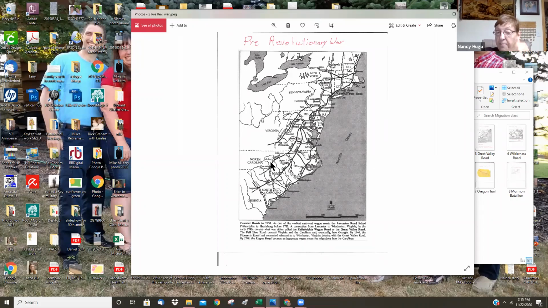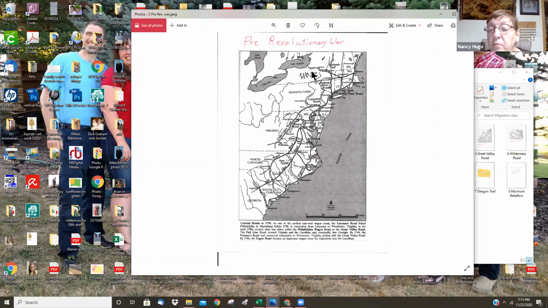So that is how my Michael family and my Boone family got to North Carolina. Now, a lot of families followed these same roads, the Upper Road and the Fall Line Road and the Great Valley Road, and they went south.